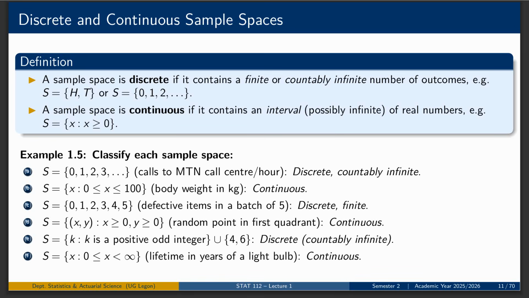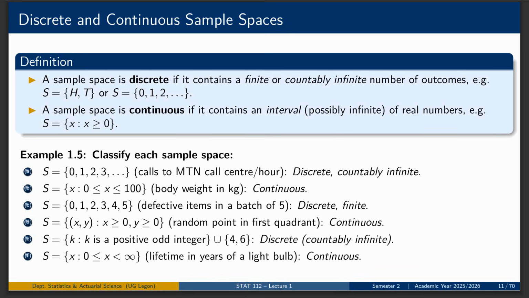So that's a discrete sample space. In the toss of a coin, that is finite. But if you are recording the number of trials till you get a 6, that may be infinite. Then we can also talk about continuous. The continuous is usually an interval, and when you have an interval, it's difficult to know the actual number.